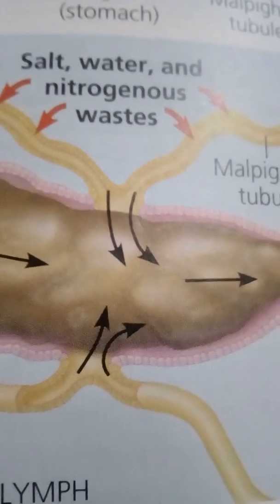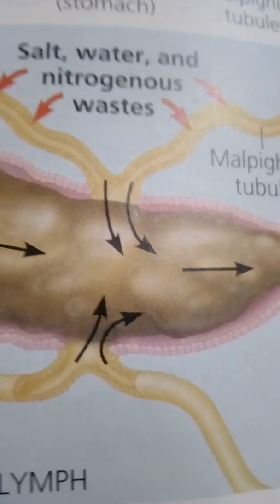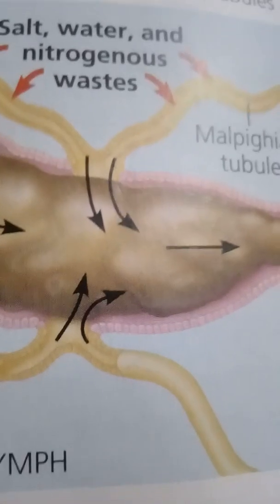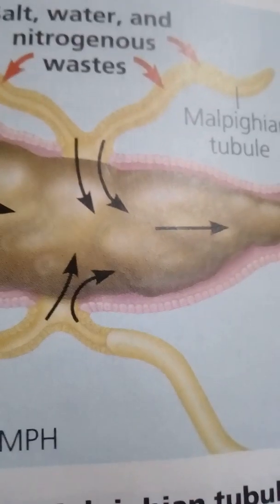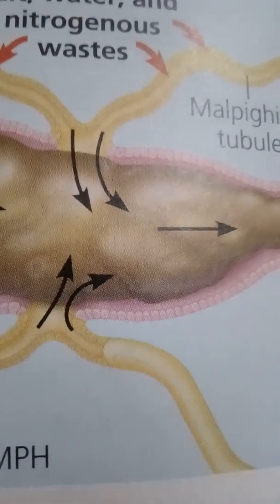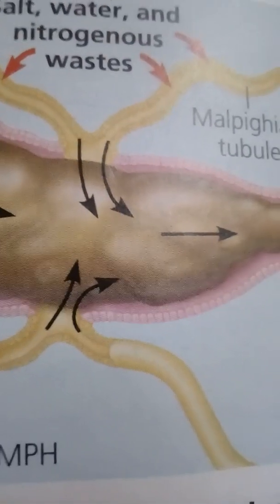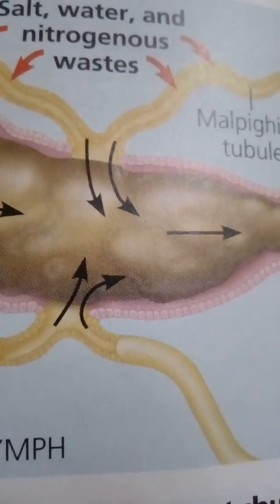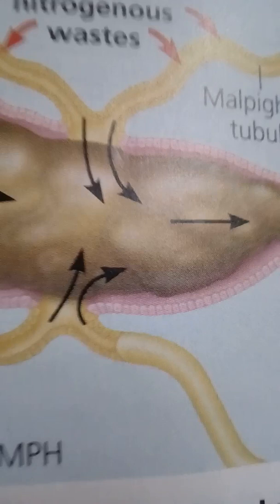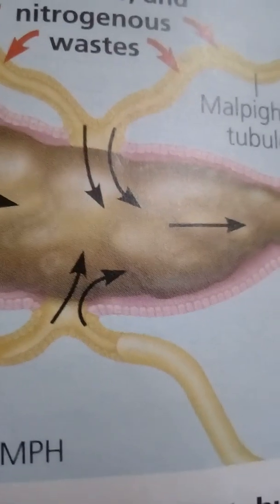Filtration of the blood. Filtration occurs as blood pressure forces fluid from the blood in the glomerulus into the lumen of Bowman's capsule. The porous capillaries, along with specialized cells of the capsule called podocytes, are permeable to water and small solutes, but not to blood cells or large molecules such as plasma proteins.